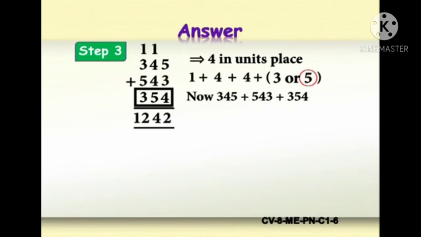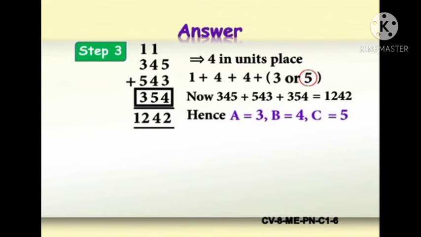Now, 345 plus 543 plus 354 is equal to 1242. Hence, A is equal to 3, B is equal to 4, and C is equal to 5. Alternate method. Let A is equal to 3, B is equal to 4, C is equal to 5.